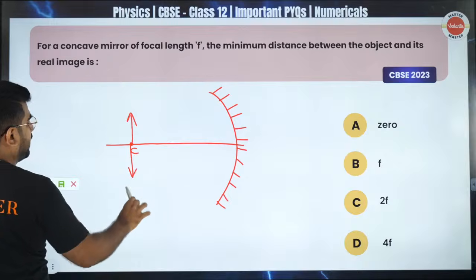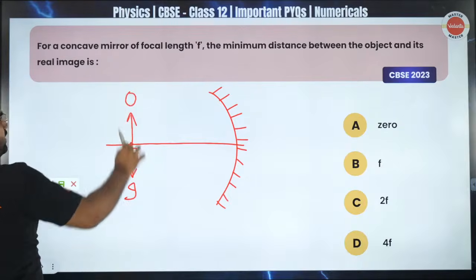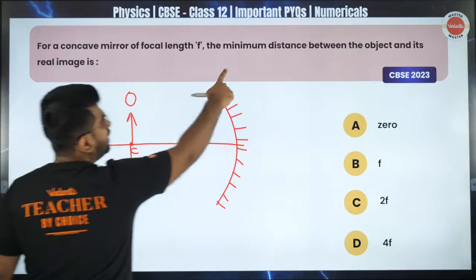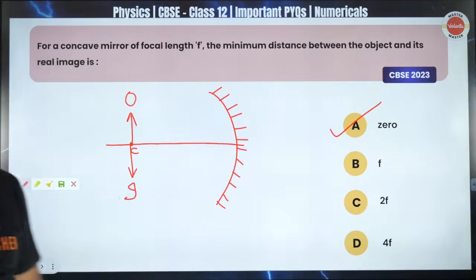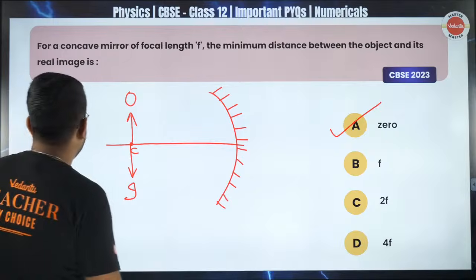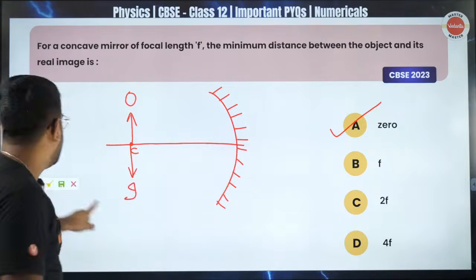When it is at the center of curvature, image is here, object is here, same place. So the minimum distance is 0 because both of them are at the same spot. So for a concave mirror, this is possible. That is why the answer is 0. I hope you liked it.